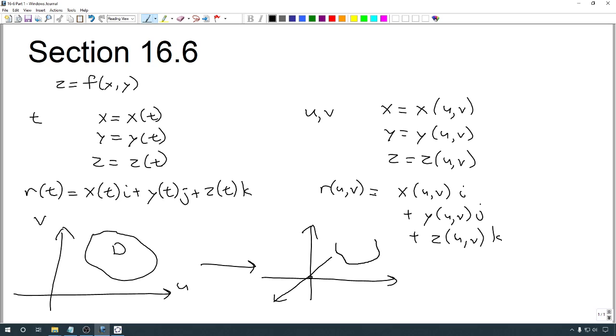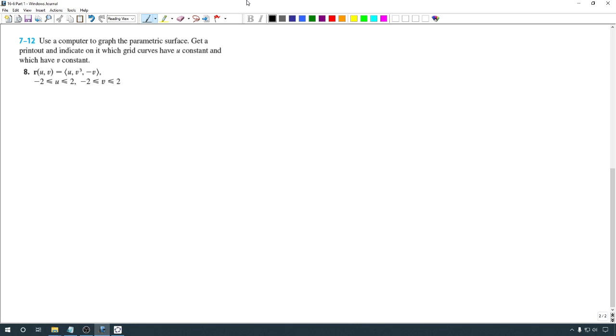So you end up getting some surface here that is the graph of that D in the XYZ space, where a particular point here might map to a point on that surface. So going through an example of this probably is the best way of tackling it.